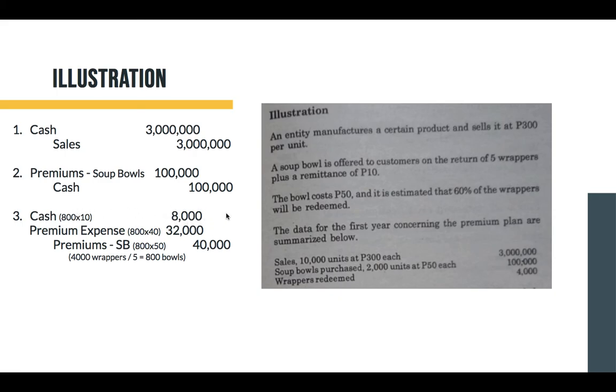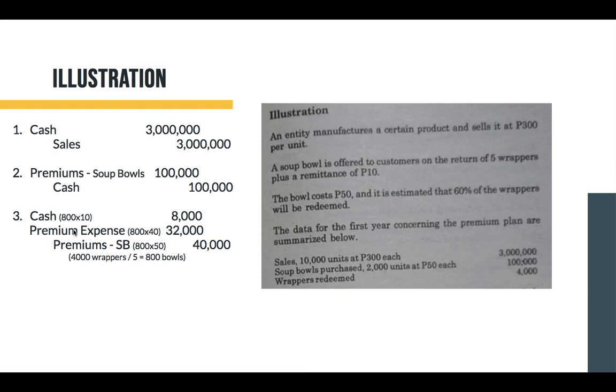So we debit cash, 8,000. Second is the cost of the bowl. We recognized the premium soup bowls as an asset, so we now reduce the asset of the premium: 800 times 50 is 40,000. That's the cost of the soup bowl.